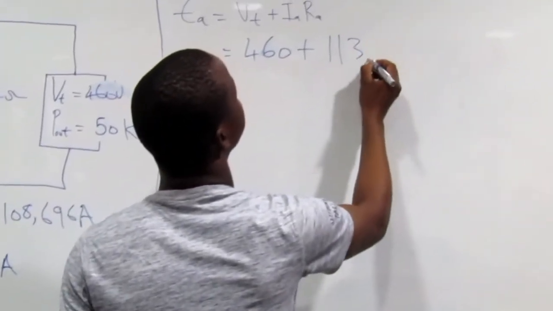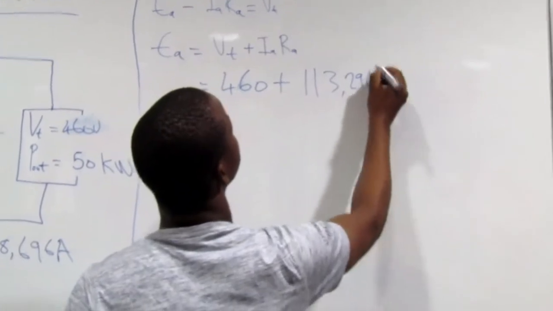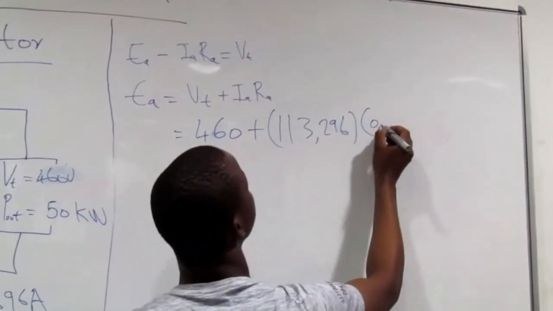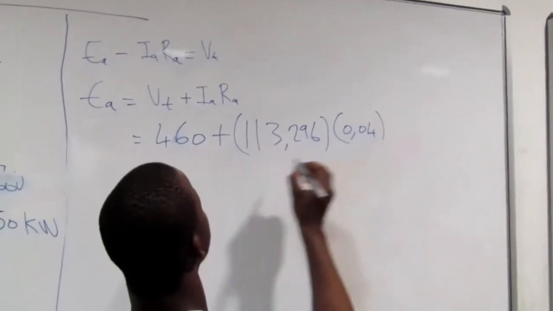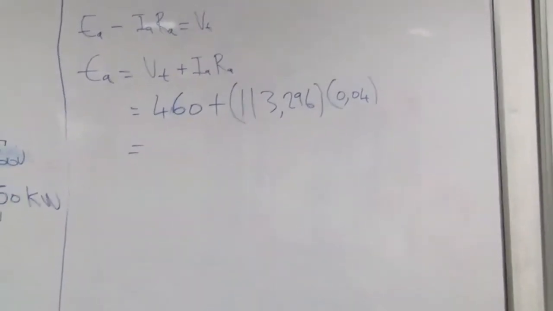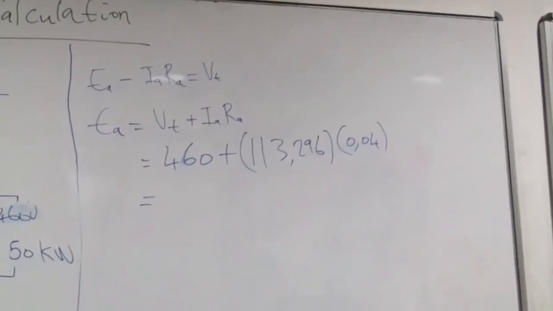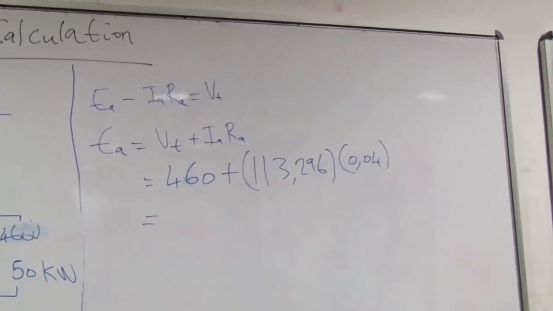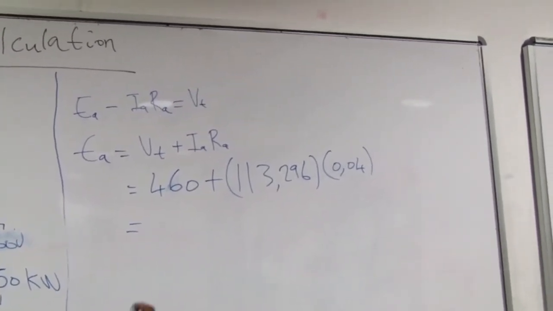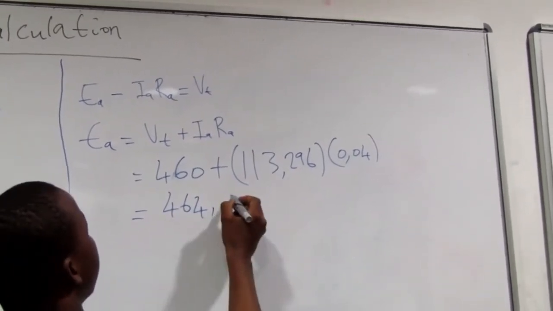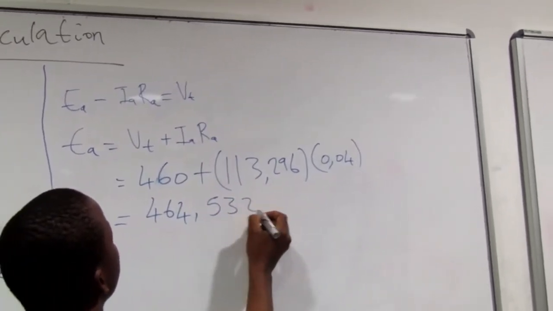Substitute it, 113.296 in brackets, and our RA we said is 0.04. Then when you calculate, we say 460 plus 113.296 times 0.04. We get 464.532 volts.